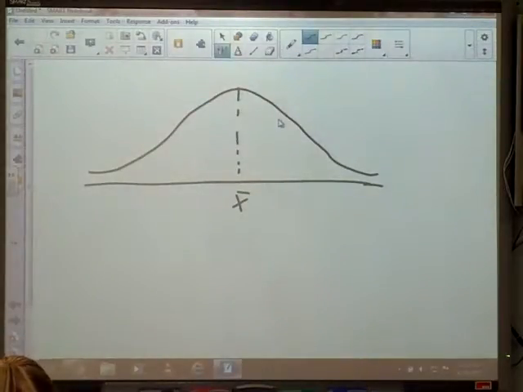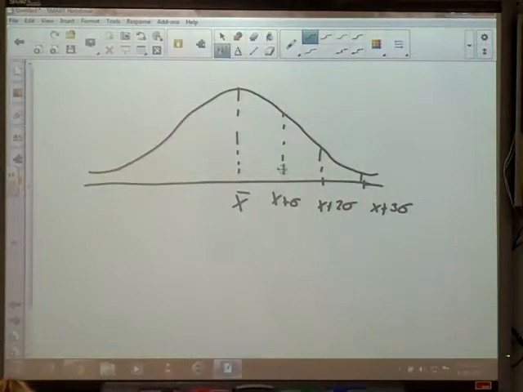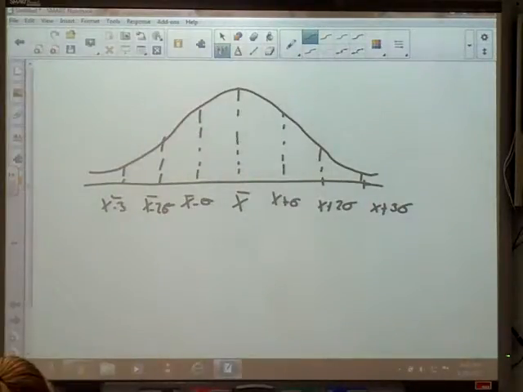Then I'll have my mean plus 1 standard deviation, my mean plus 2 standard deviations, my mean plus 3 standard deviations, and the other way over here, my mean minus a standard deviation, down to minus 3 standard deviations.